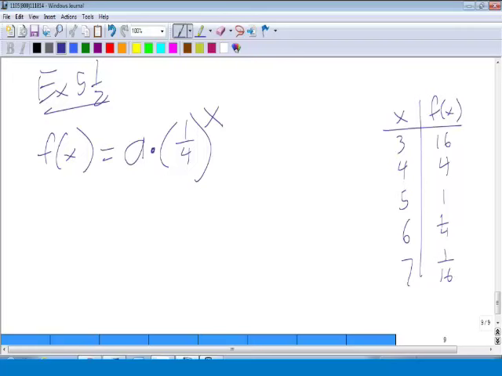Well, what if we did this? F of, and I think we could pick any number from 3 to 7. So someone pick a number from 3 to 7. 4.